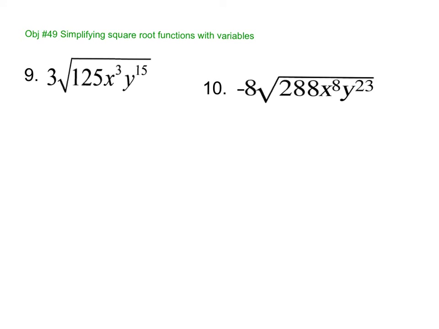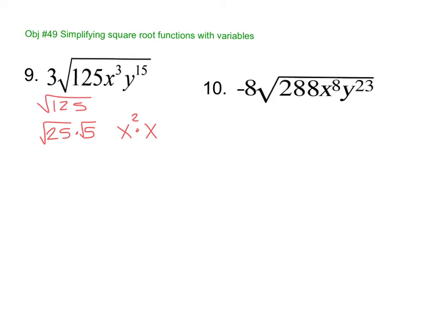All right, pause. Try this one on your own. So I've got my 125, which is 25 times 5, right? 5 squared gives me 25. X cubed is x squared times x, right? I need that even.